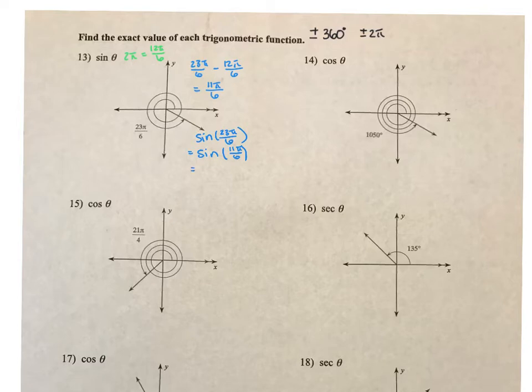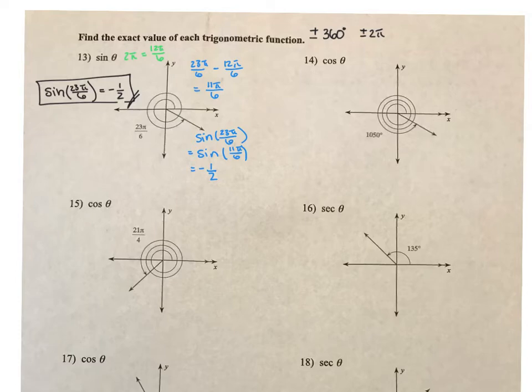And that is going to be negative 1/2. So when I'm looking for my final answer, I'm going to say that my original problem of sine of 23 pi over 6 is equal to my answer of negative 1/2. So please make sure that you're showing your work as you're going through. That is going to be very important.